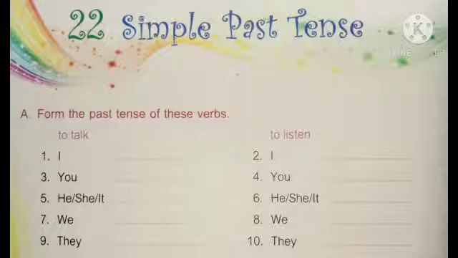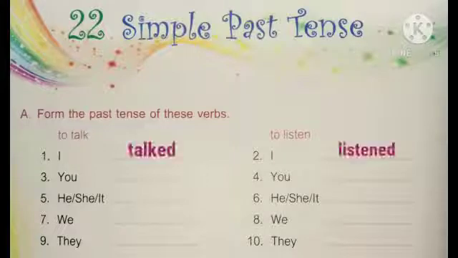To talk, to listen. Here students, we have to write this in past tense. So to write in the past tense, we are going to add ed for the verb. First two I will tell you, remaining you do it by yourself. I talked, I listened.